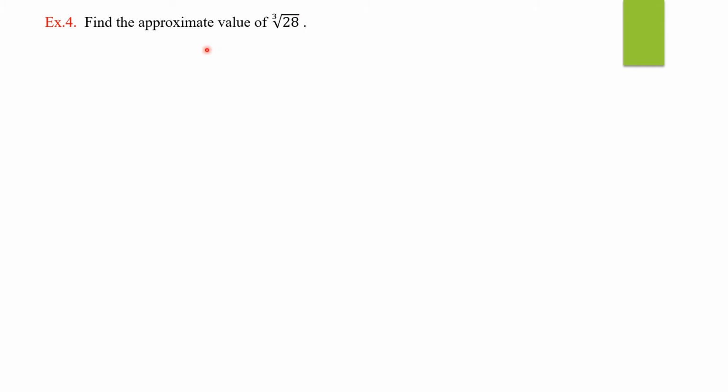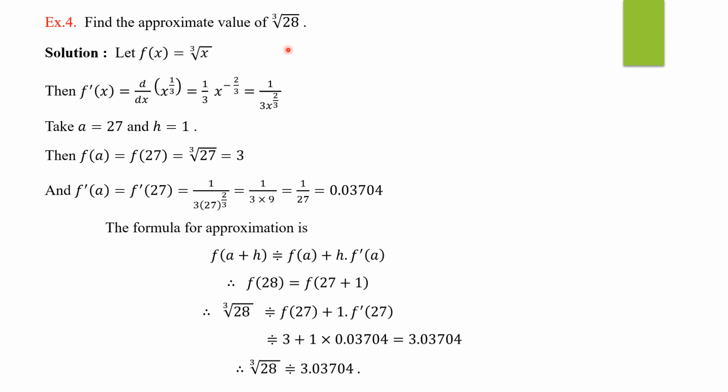Example number 4. Find the approximate value of cube root of 28. Solution. Let f of x equal to cube root of x. Take the function. Then its derivative f dash of x equal to d by dx of cube root of x, means the degree of x is 1 divided by 3. Hence to find its derivative, we use the formula of x raised to n, that is n into x raised to n minus 1.